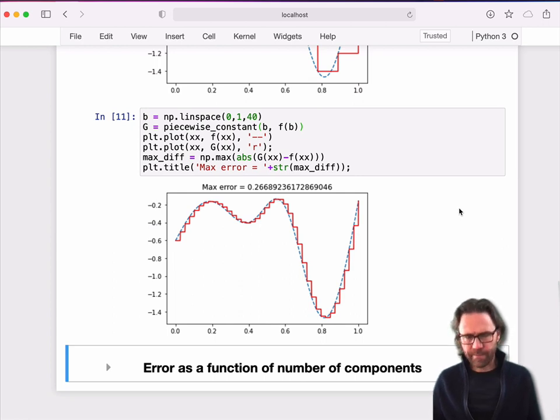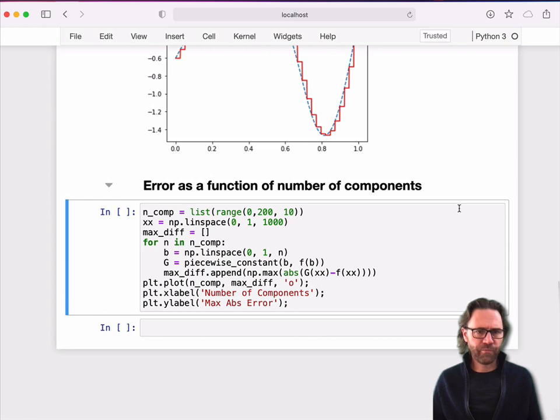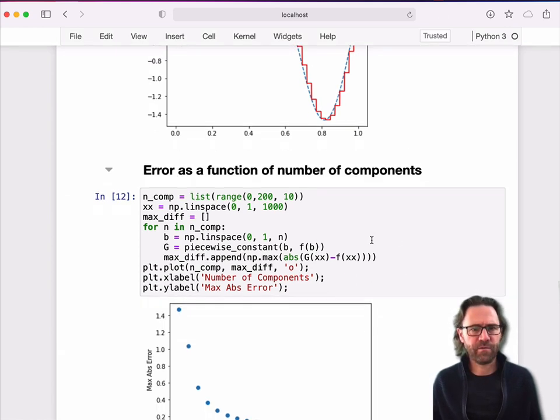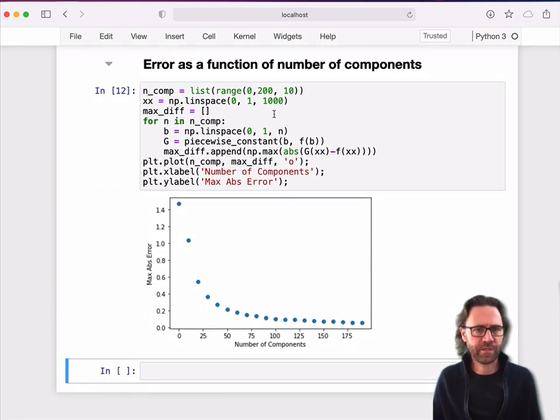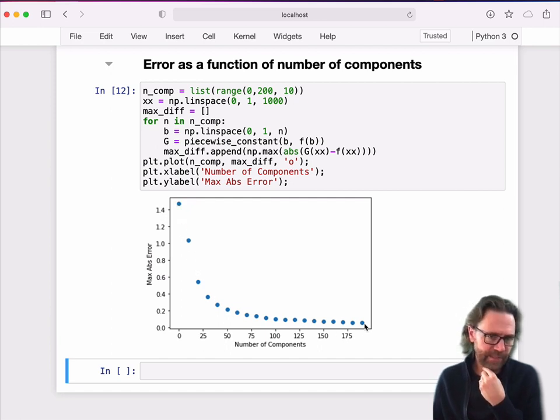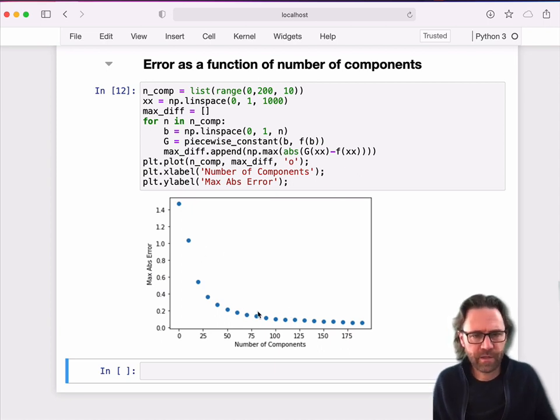And if we keep going along that, we're going to rerun this experiment many times for lots of different piece sizes, from 1 piece to, I guess, just short of 200 pieces. You can see the maximum absolute error goes down. I don't know if this is actually exponentially, but it goes down asymptotically towards 0. That totally makes sense.